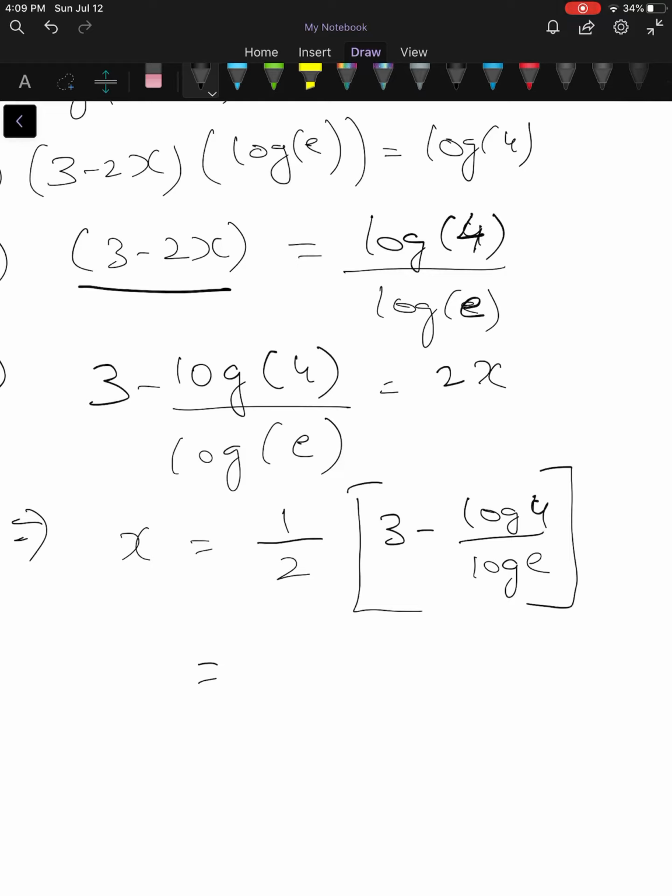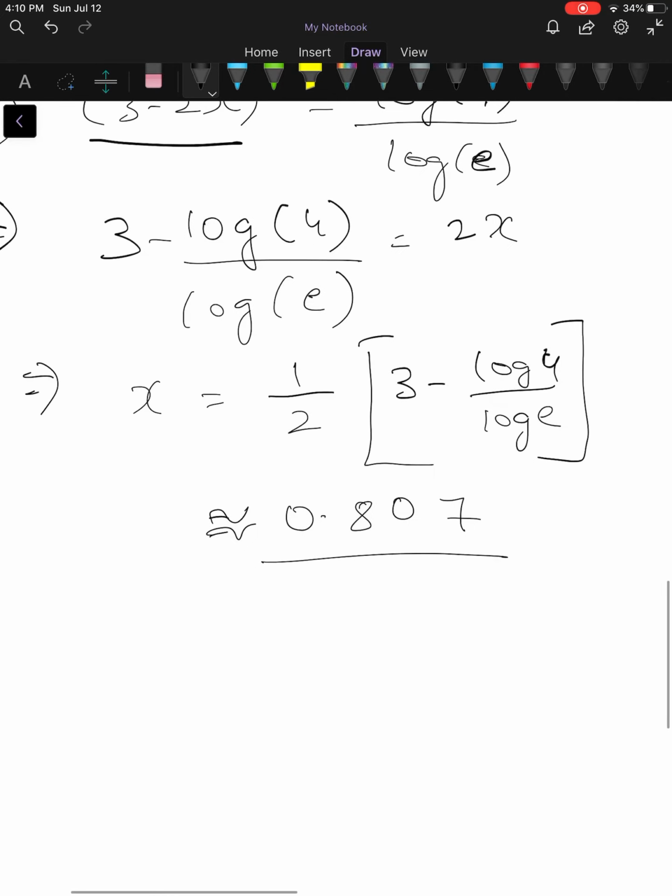So that was some 1.36 or something. So 3 minus the answer would give us 1.6137 and something, divided by 2 will give me approximately 0.807, approximating to the third decimal place. So I can write it as 0.807.